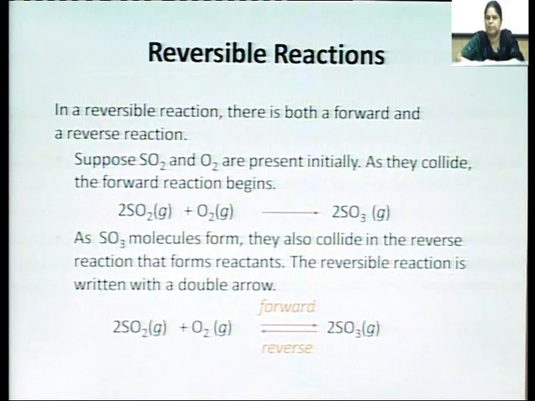The reactions in which the reactants give us the products are known as the forward reaction, and the one in which the products give back the reactants is termed the reverse reaction or the backward reaction. Equilibrium can be established only in case of reversible reactions.